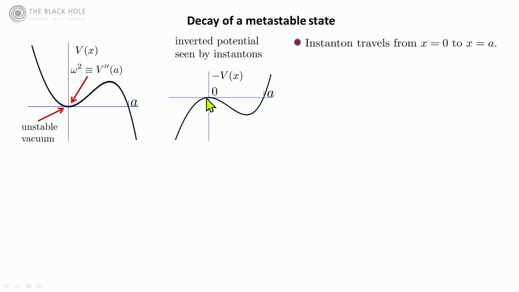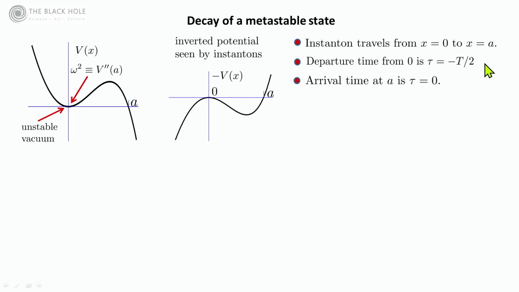Let's do a few definitions now. This instanton will travel from the origin to the point A. You see, it's actually doing a tunneling. So from here to here. But see, when you invert the potential, it looks like a particle which is sliding down a potential and going up. Okay, so just keep this in mind that it goes from 0 to A. It starts out from here at time minus t by 2, as we did before.